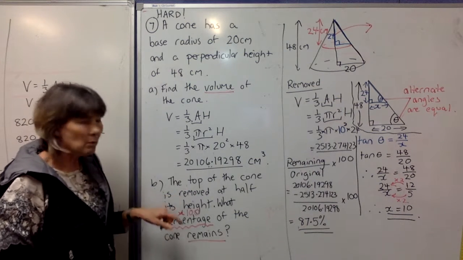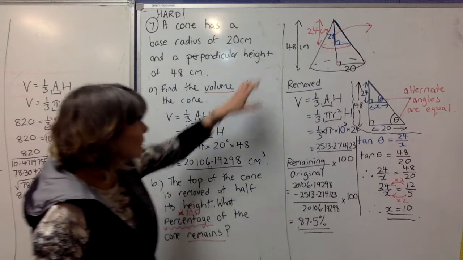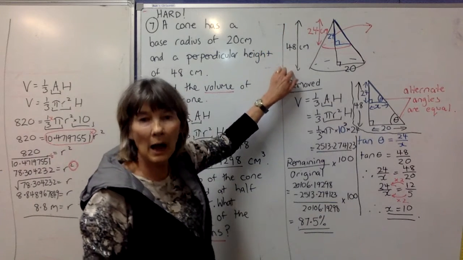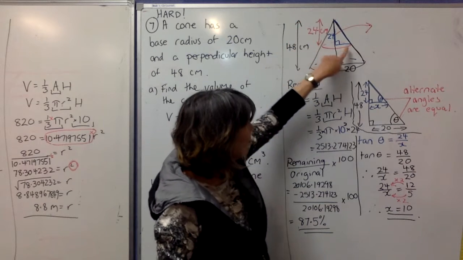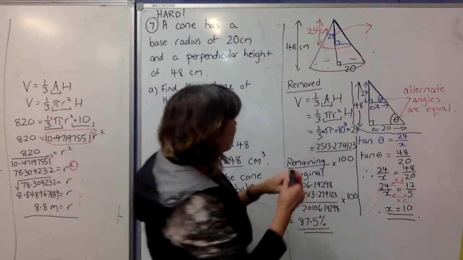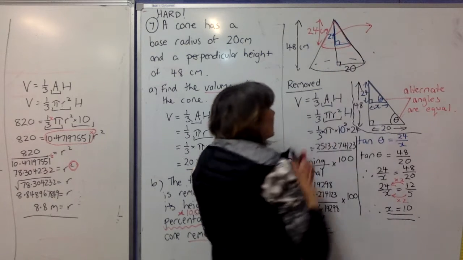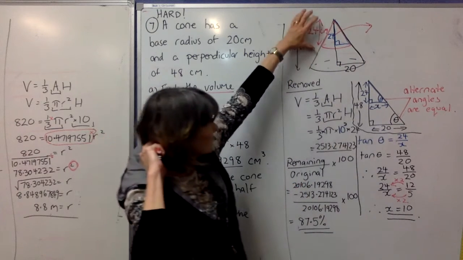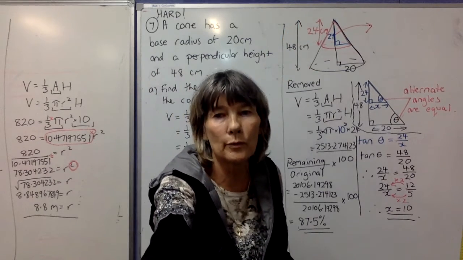Now, we're removing the top half of it at half its height. So if the height was 48, half of that height is 24. So we've got this little cone that I tried to draw in red. It's been covered up a little bit, but that's okay. So this little red cone at the top has a height of 24, right? Now, we are going to remove that.